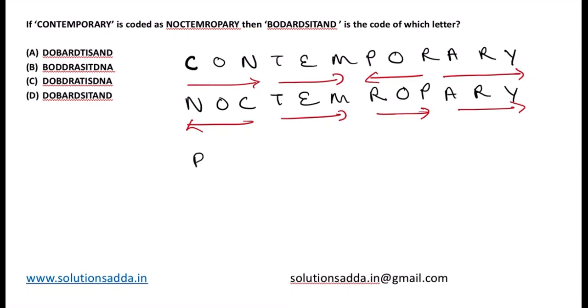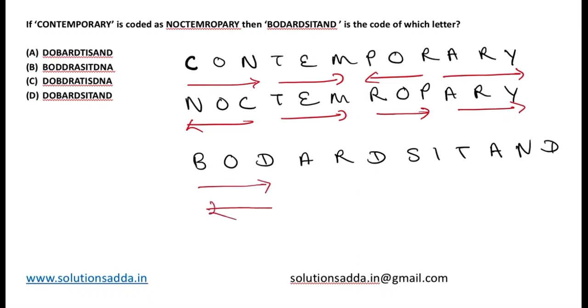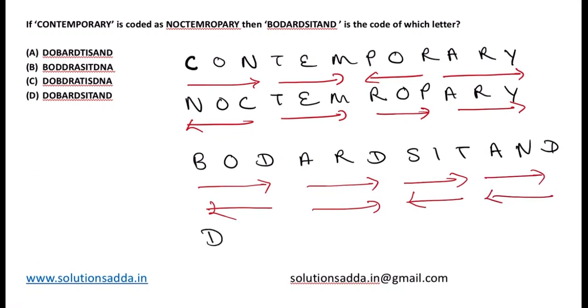So BODARD SITAND. Upon reversing the first three letters, it will be DOB, keeping the next three letters same.